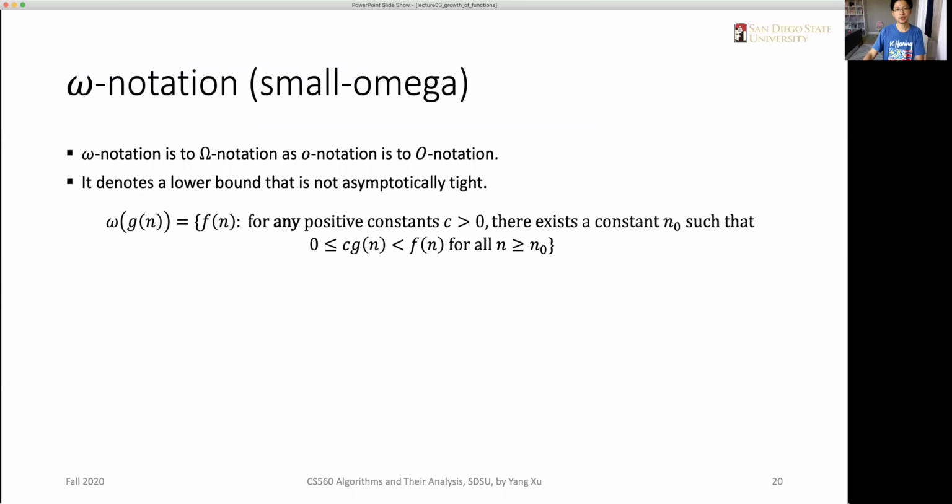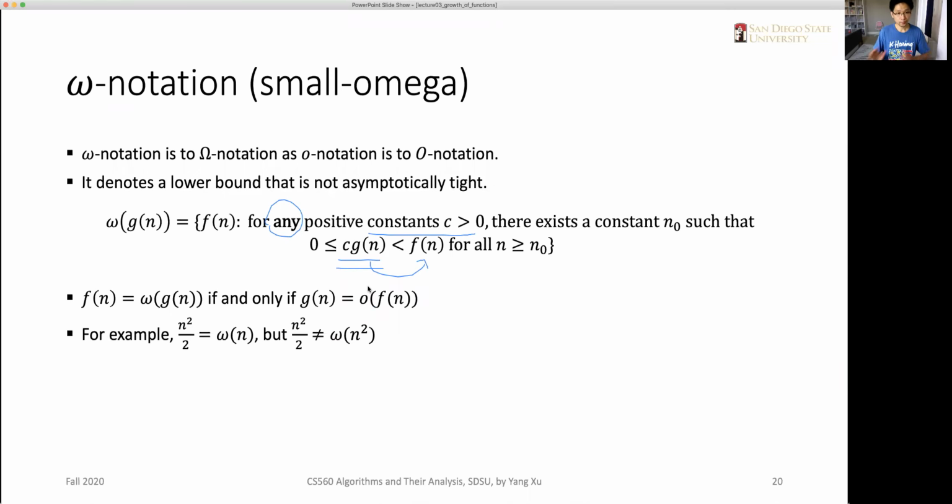So we use statements like this: for any positive constant c, we want to show that c times g of n is the lower bound for f of n.